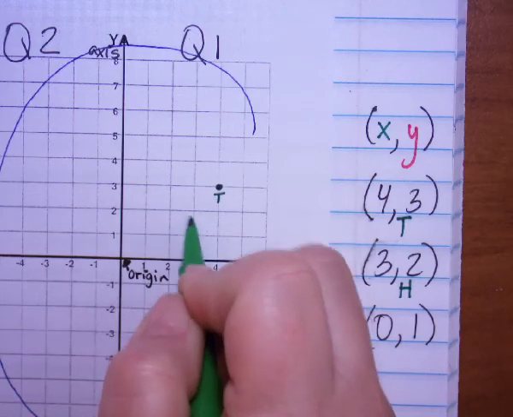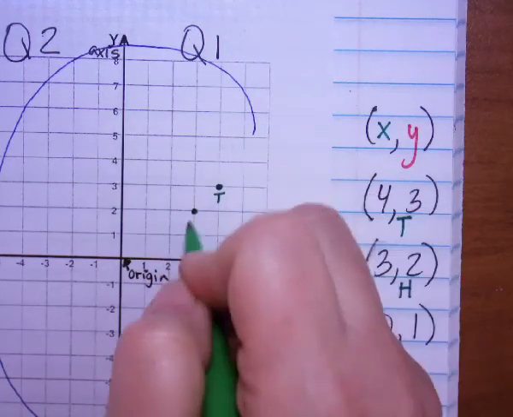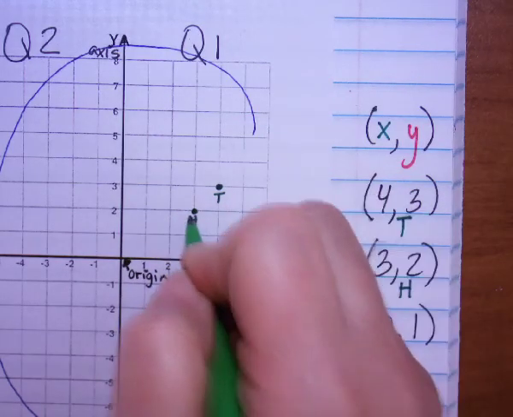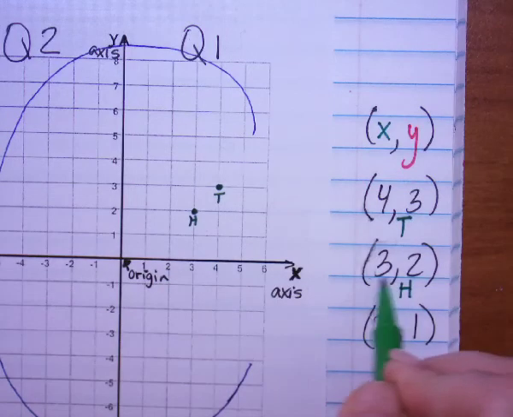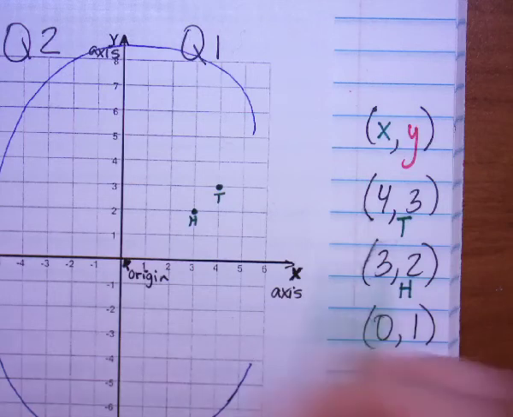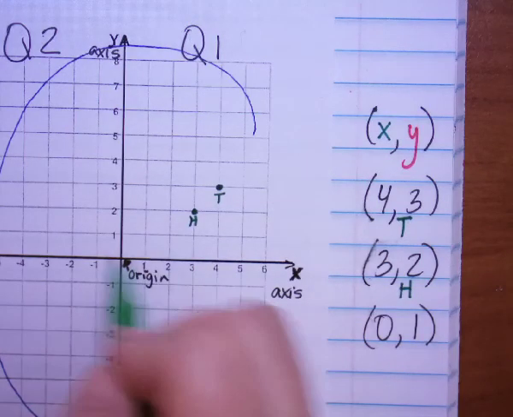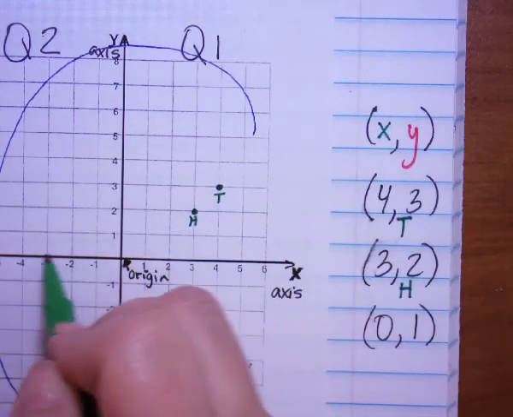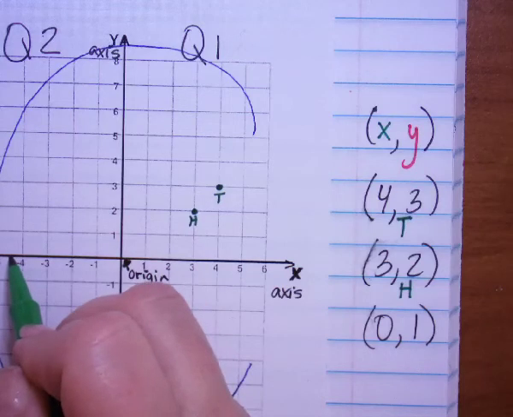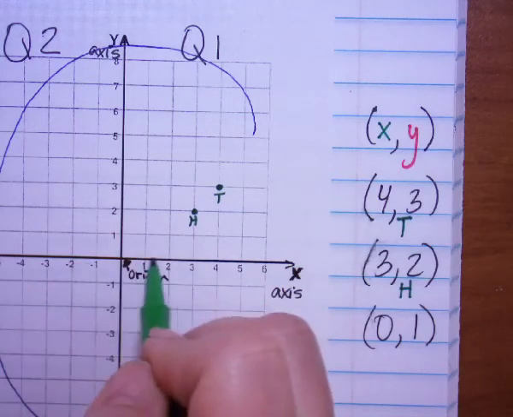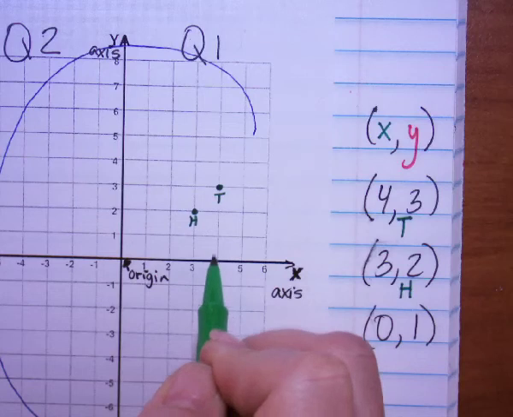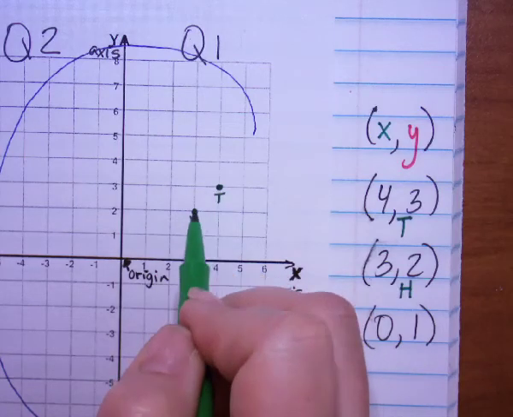Yes, up 2, and you put your dot. Why don't you go up 3 and over 2? Because this first number in the parentheses, great question, is your x-axis. So you have to go over. If it was a negative number, we would go backwards. But it's not, it's a positive number. So we're going forward, and then we go up, and that's where we stop.